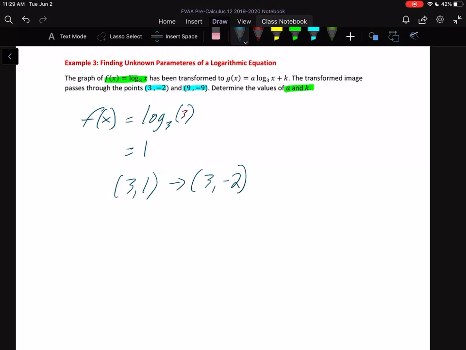The 3 didn't change because we know that the B and the H value aren't affected here. There's no transformation caused by a B or H value. It's only transformation caused by A and K values. Same thing with the other point. f of x is equal to log base 3 of 9. Okay, and again, these are pretty simple here.